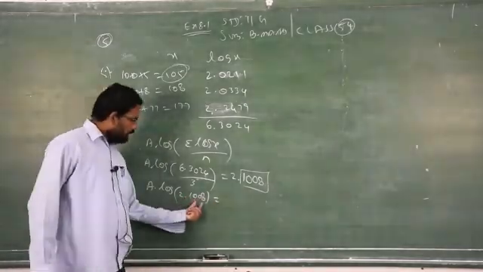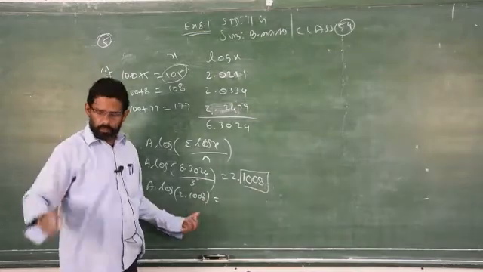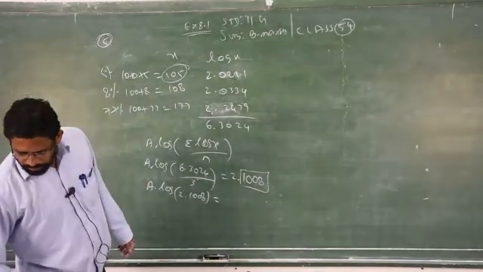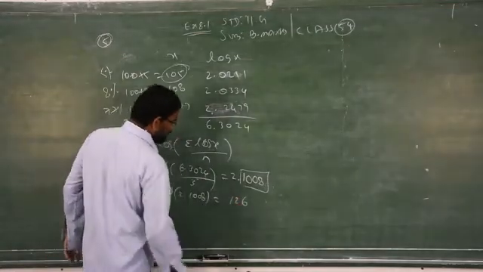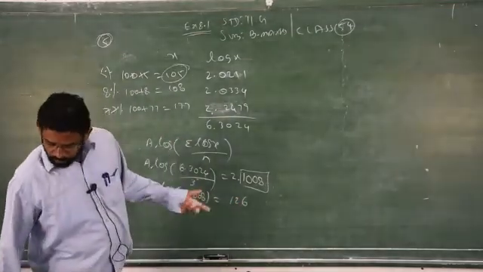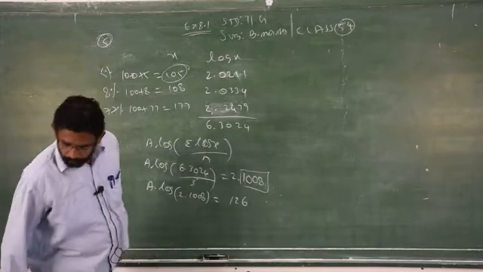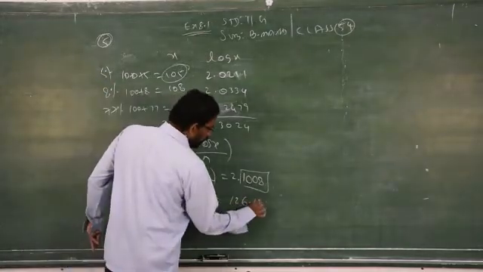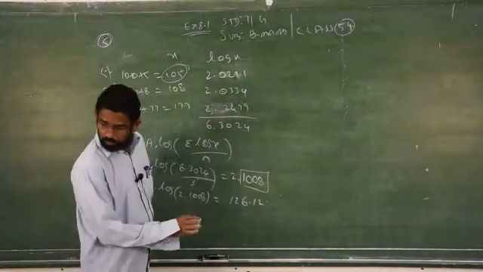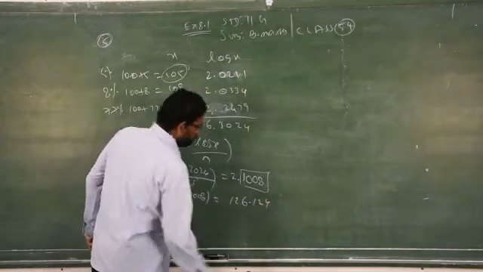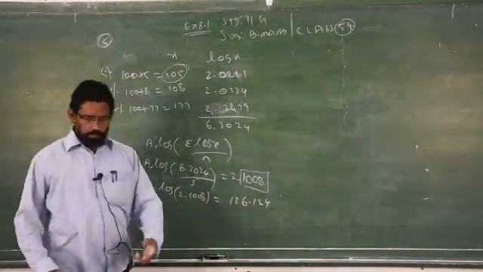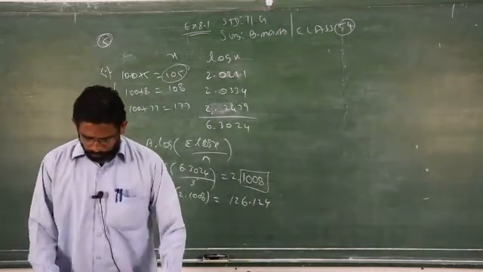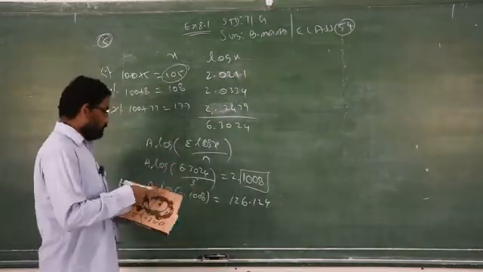0.10 under 0, mean difference 8. What will be that answer? The answer is 126.1. Clear? So you find 10 under 08. I will teach how to find that antilogarithm for this one.